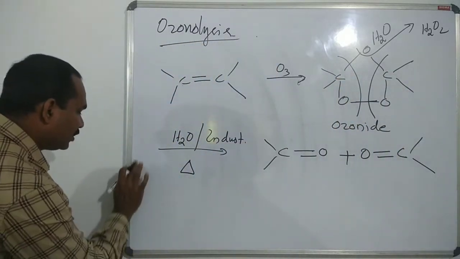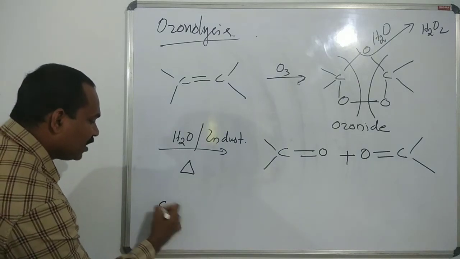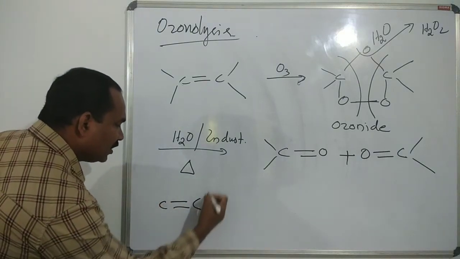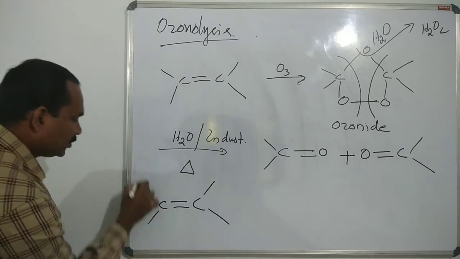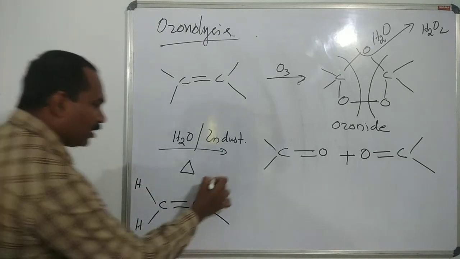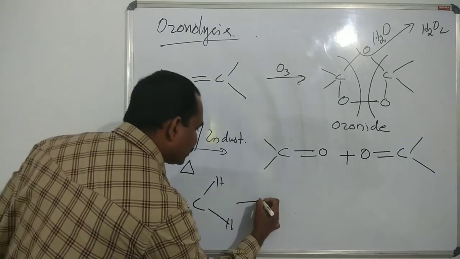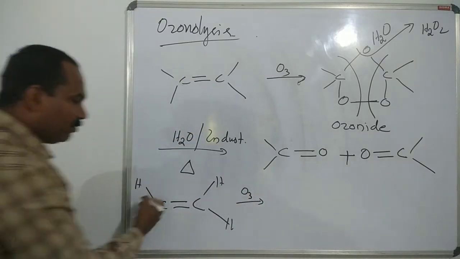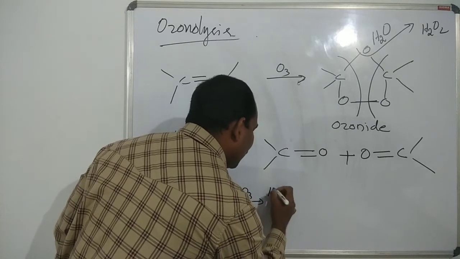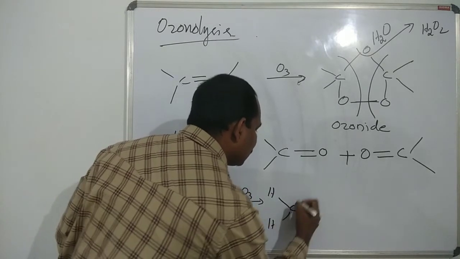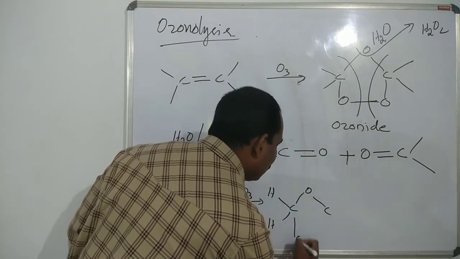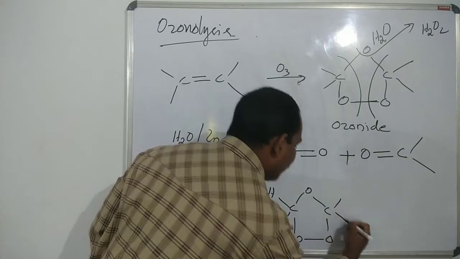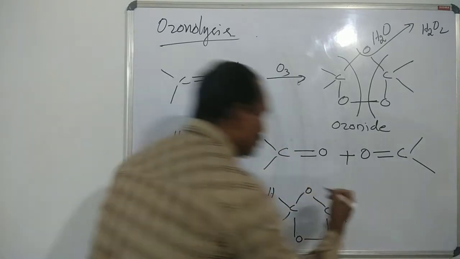First of all, we have to discuss a very simple example. Ethene, CH2 double bond CH2. First of all, we treat with O3. What do we get? HCHOC, oxygen, then two bonds.